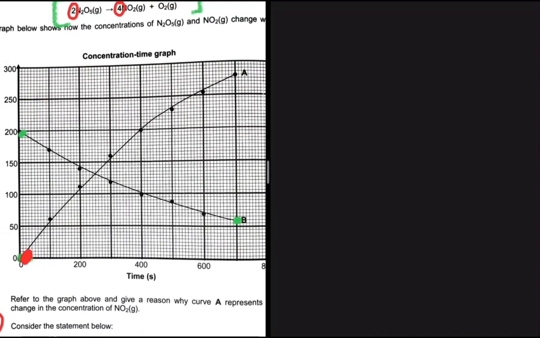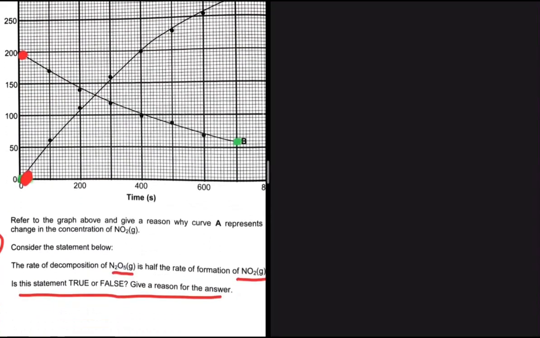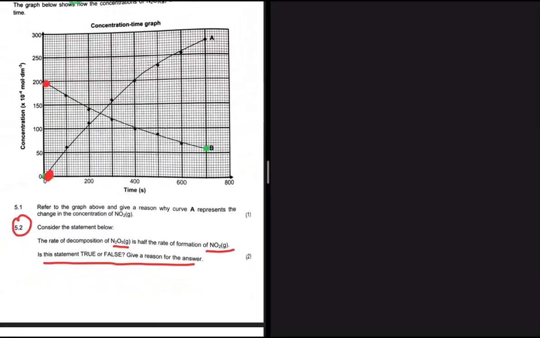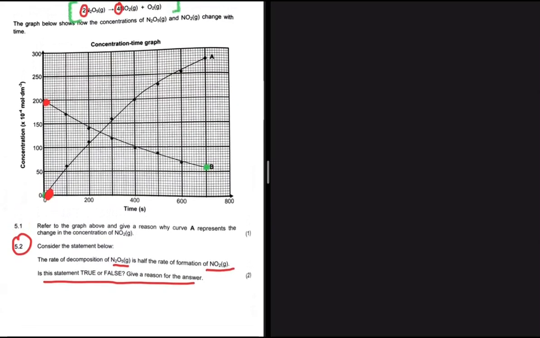So for our products, the concentration should start at 0, and this is exactly what we have here for graph A. For graph A, our concentration starts at 0 and goes up. And then for the reactants, it starts at 200 mol per dm³ and it is going down, right? So that is the reason why we're saying that curve A represents NO2.